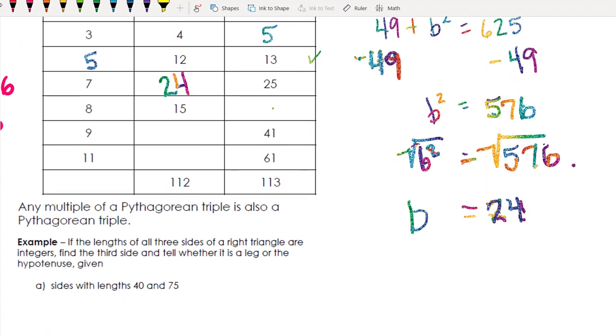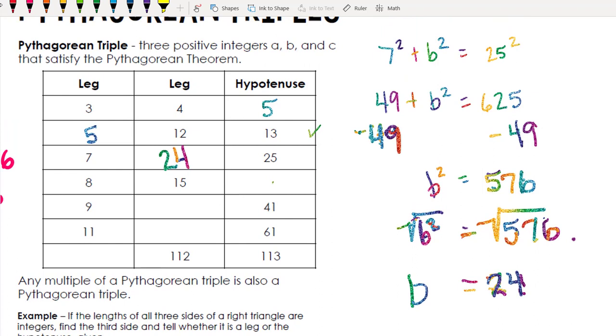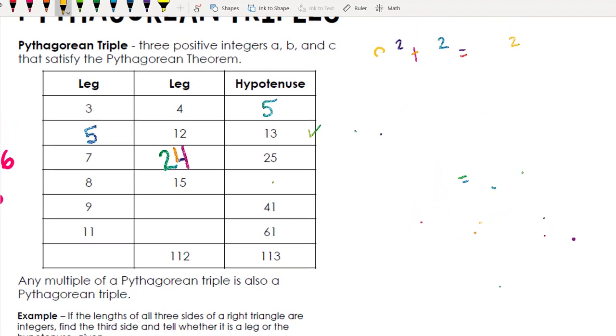Here we're looking for the hypotenuse. So 8, 15, and we don't know the hypotenuse. So 8 squared and 15 squared are our legs, and we do not know the hypotenuse. 8 squared is 64, 15 squared is 225, c squared, and then 64 plus 225 is 289.